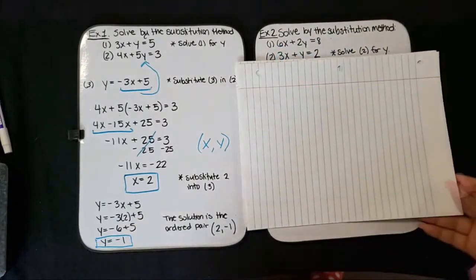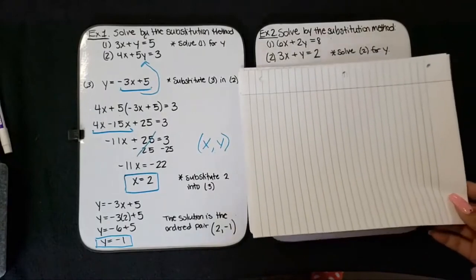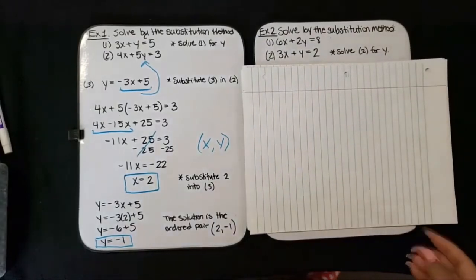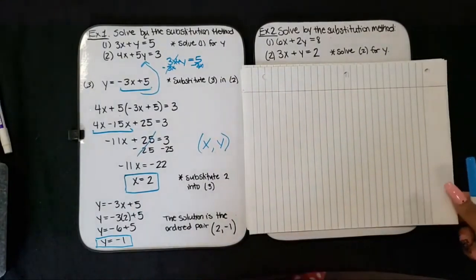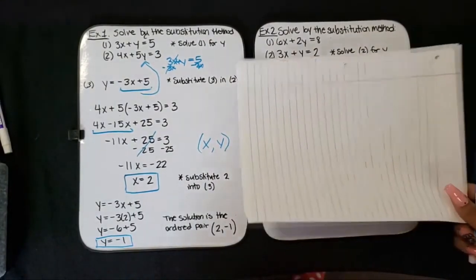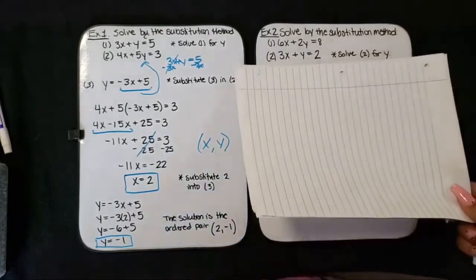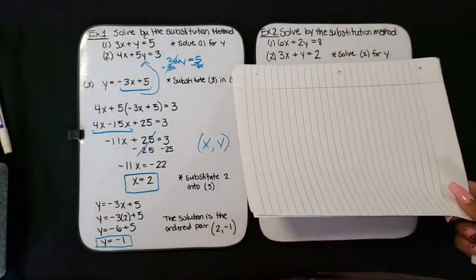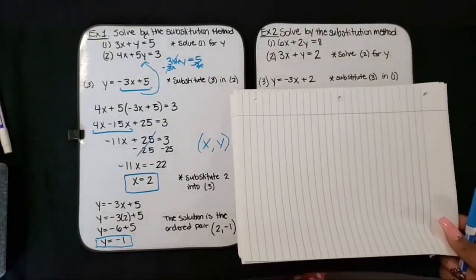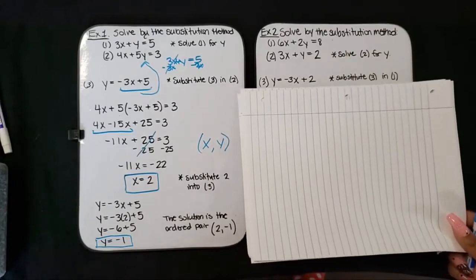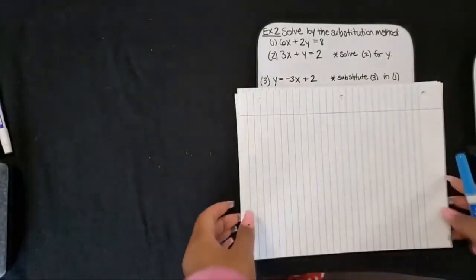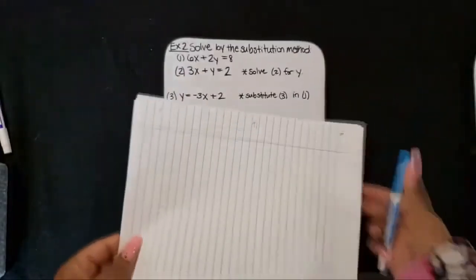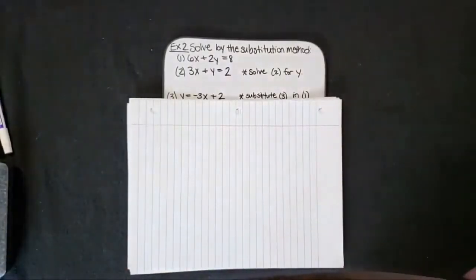All right, so I think it'll be easier to take the second equation and solve it for y. So if we take equation 2, looking at example number 2 now, and solve it for y, we will get y equals -3x plus 2. All right. And I'll just show y'all again.